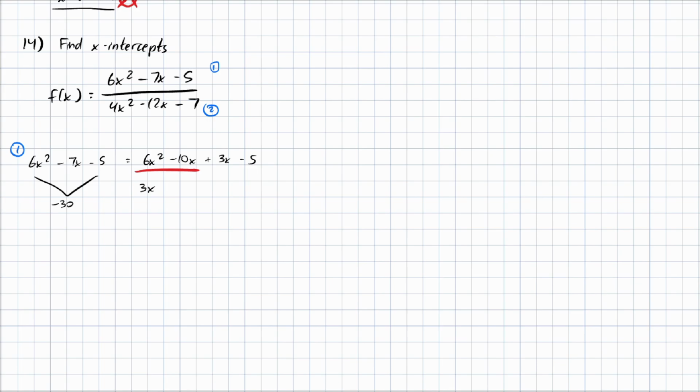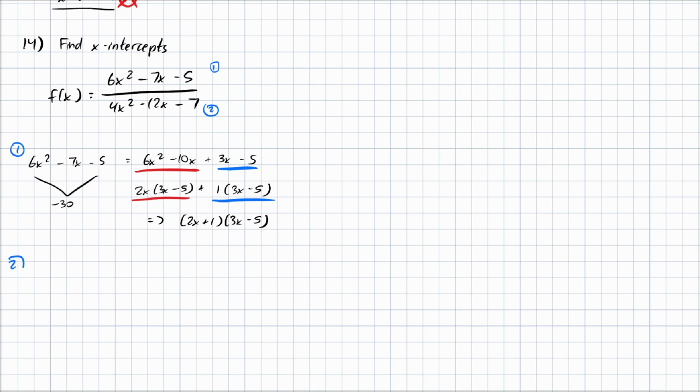It is 2x, 3x minus 5, and this is 1 times 3x minus 5. So this becomes 2x plus 1 times 3x minus 5.